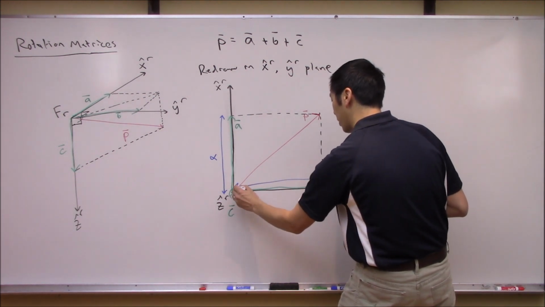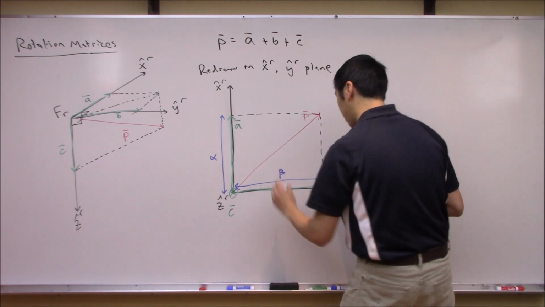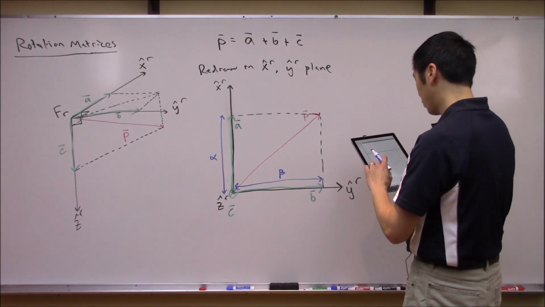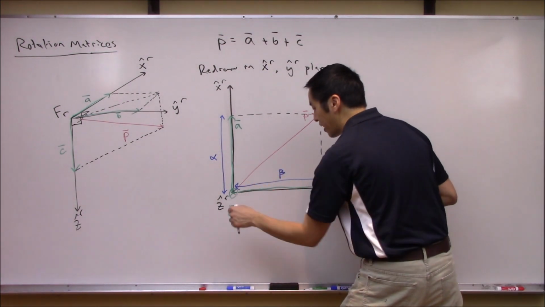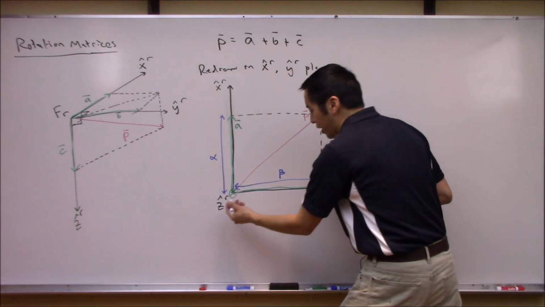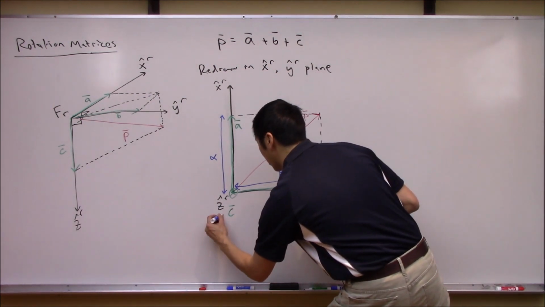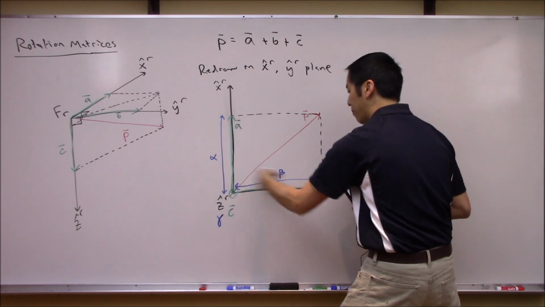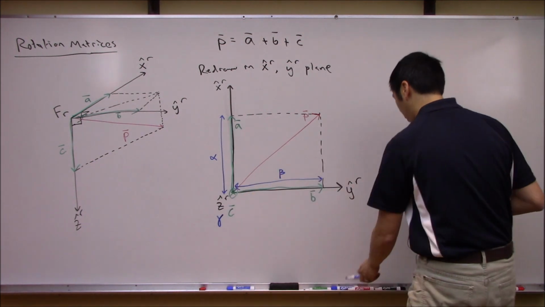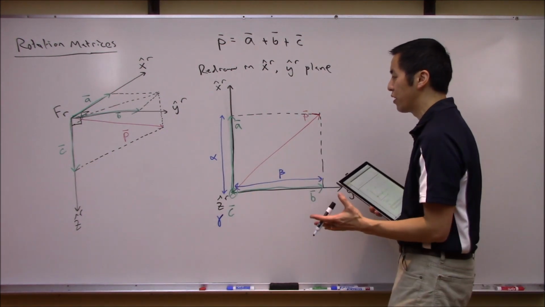This is going to be beta units. And similarly, the length of the C vector, I can't really draw it here, but let's call this gamma units. So you've got alpha, beta, gamma. Those are the numerical values, the lengths of these vectors.